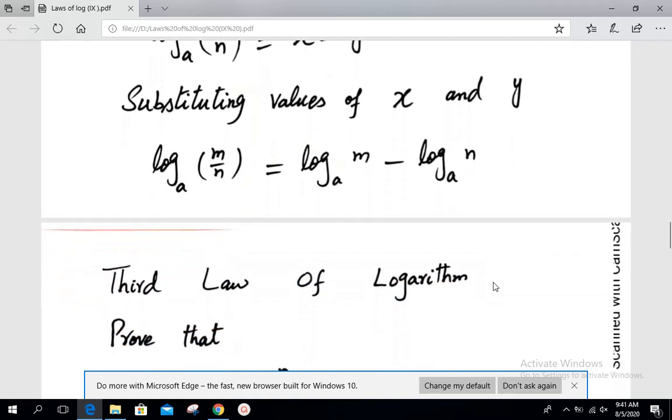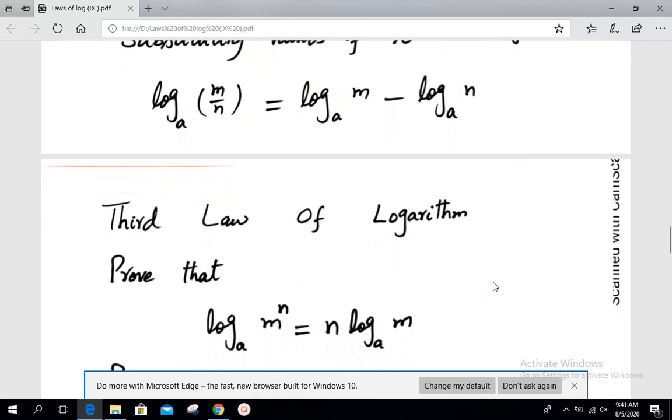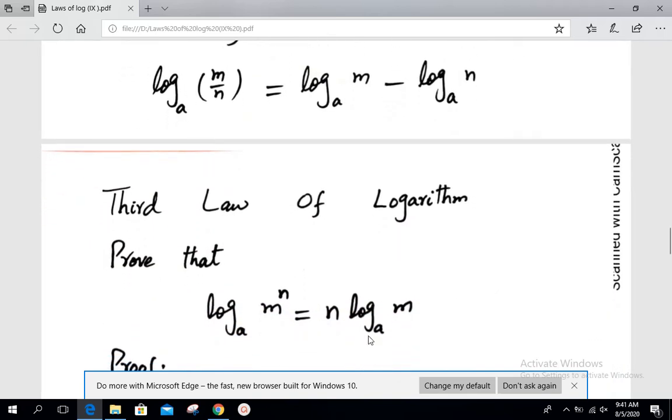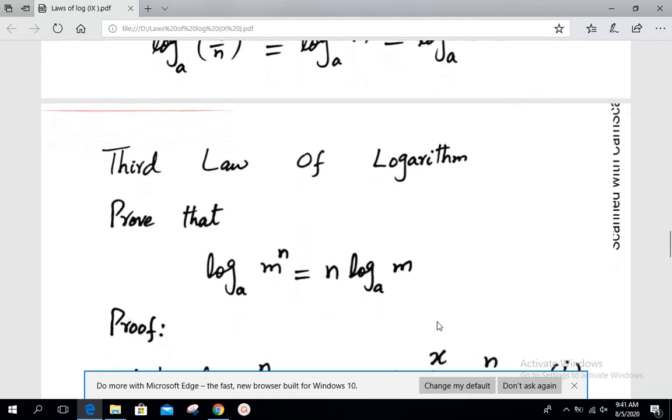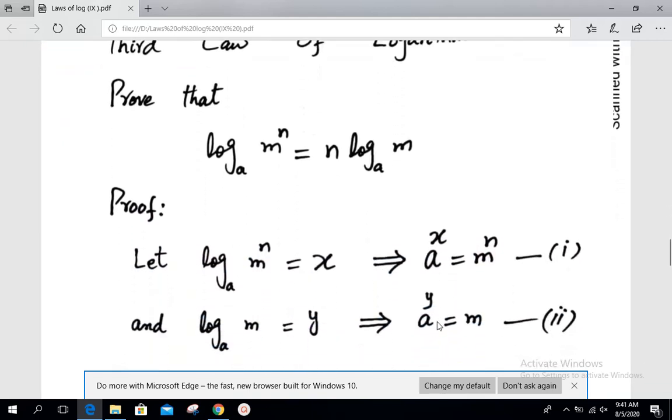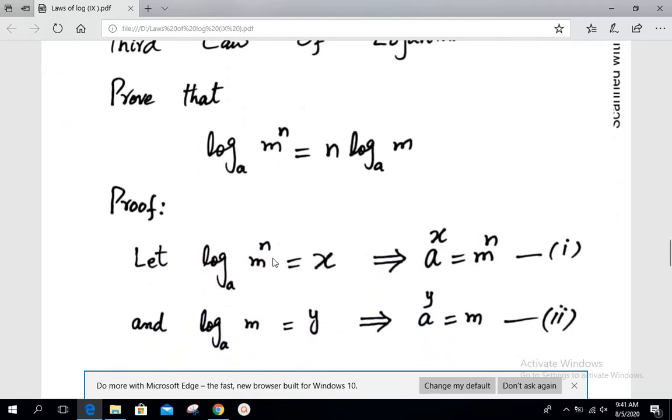Looking at the next, the third law of logarithms. Its statement: prove that log m power n base a is equal to n log m base a. We start our proof as, let log of m power n base a be equal to x, which implies a power x is equal to m power n.